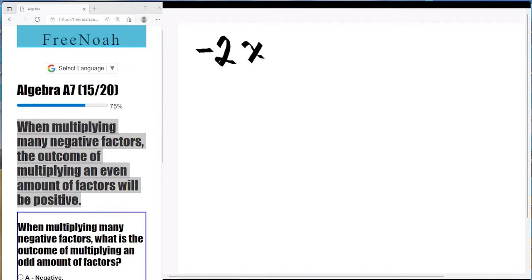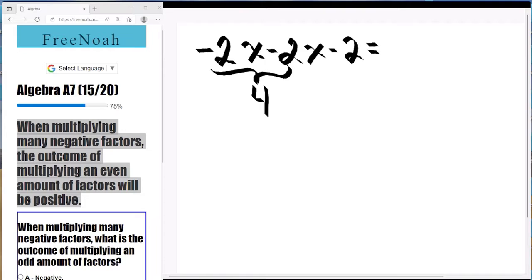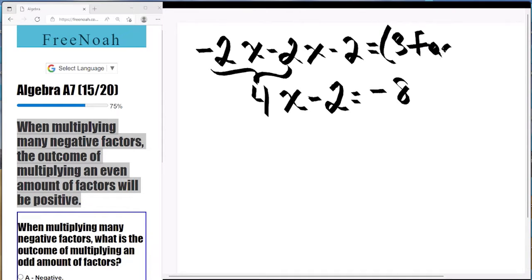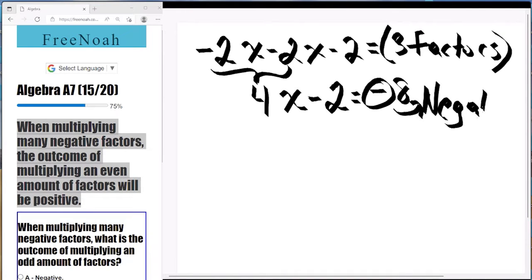So here we have -2 times -2 times -2. -2 times -2 is 4. Then we bring down the remaining -2, and now we have 4 times -2, which gives us a product of -8.